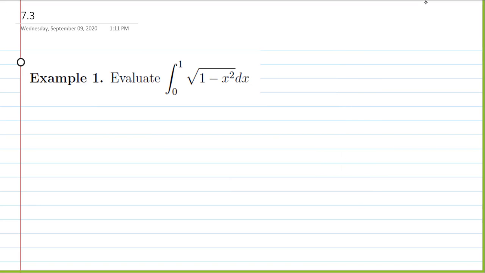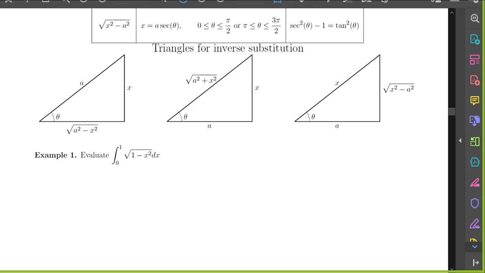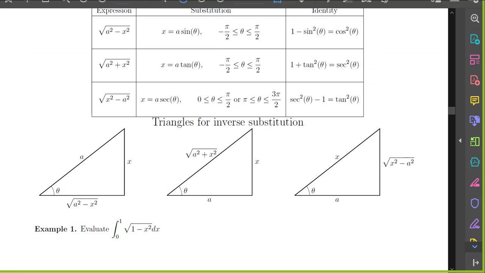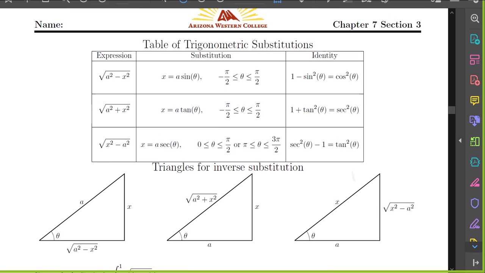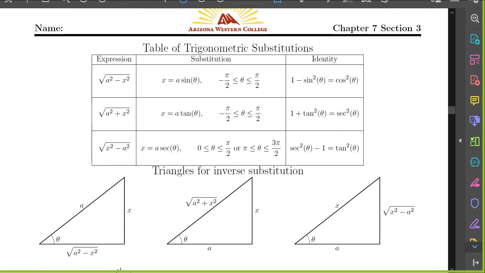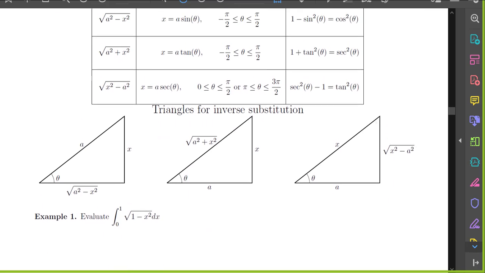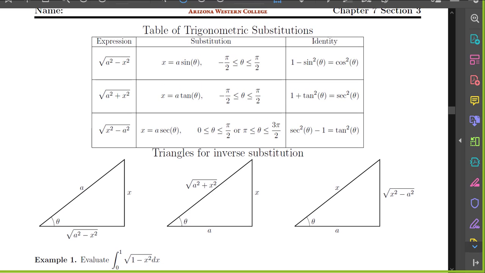If we look at our table here, we're trying to find something that matches 1 minus x squared. In this table, the a is playing the role of a constant or something that's a perfect square. 1 is a pretty simple one because 1 squared is 1. And so we're trying to find something of the form a squared minus x squared. Well, that puts us in the first row of this table.